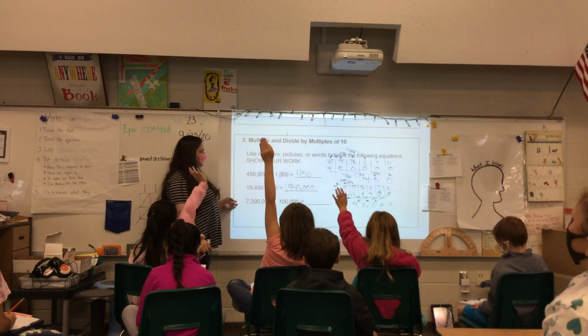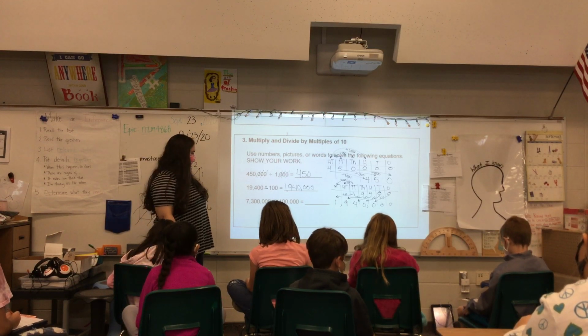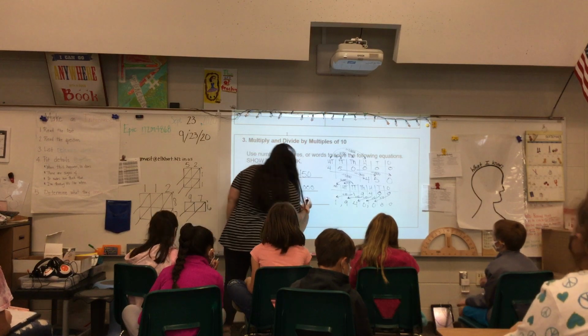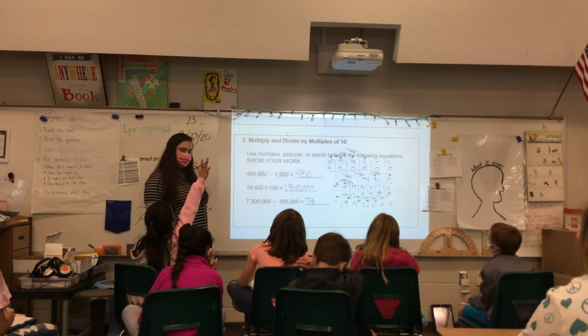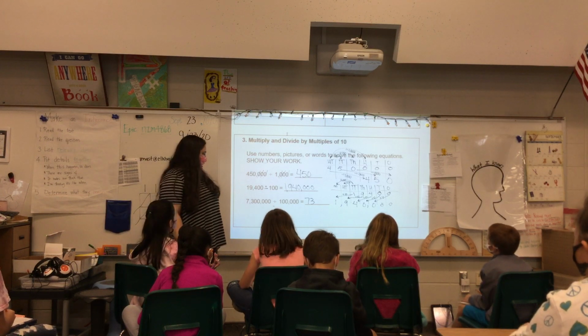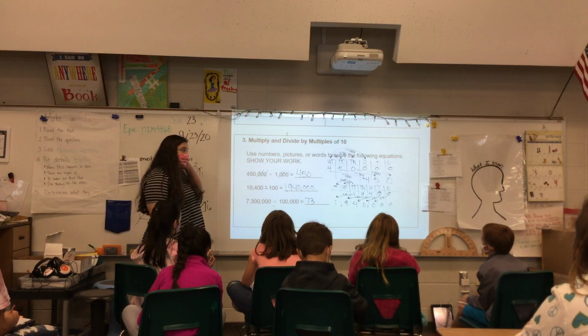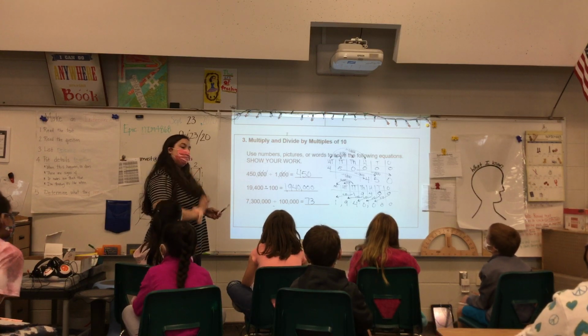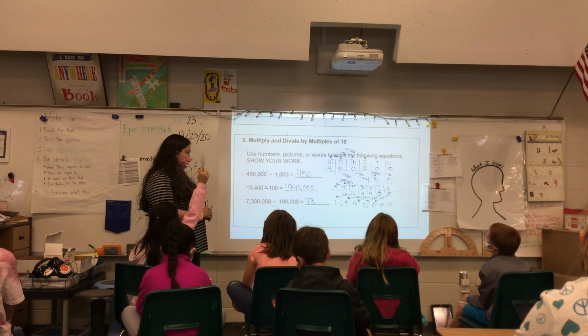What'd you get for this one, Scarlett? I got 73. Good. You got 73. How did you get 73? Alright, here we go.